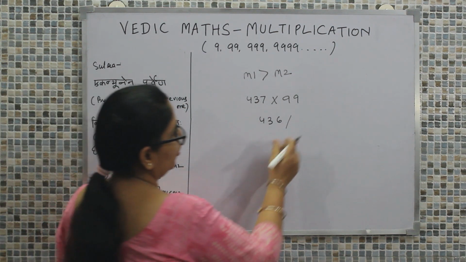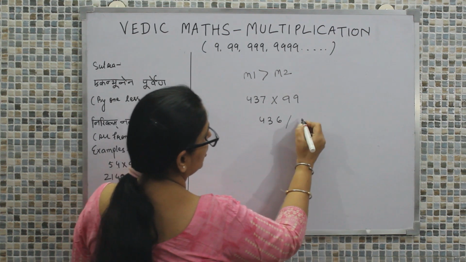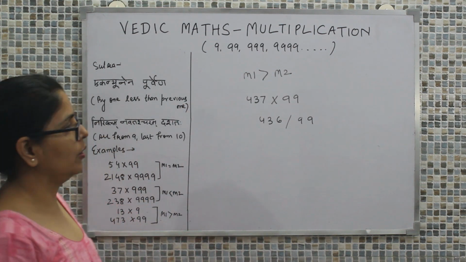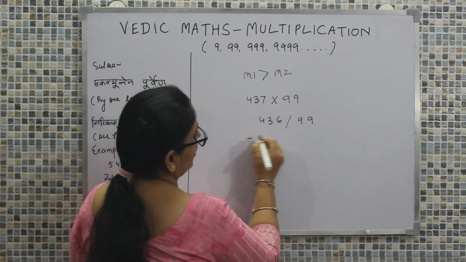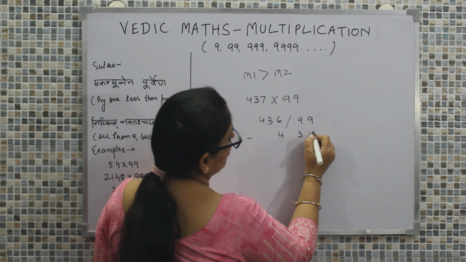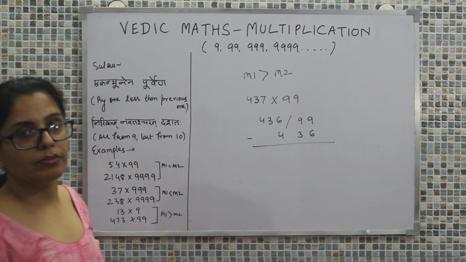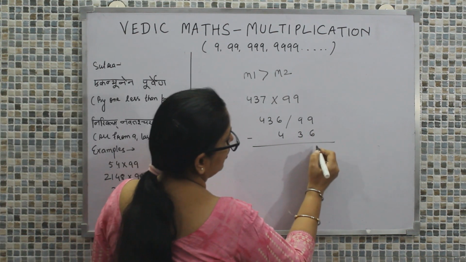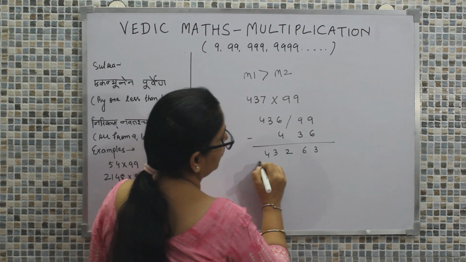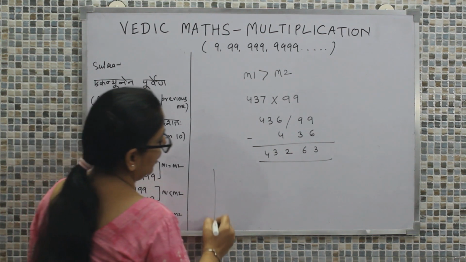Now because we need to calculate the RHS, for computing the RHS, write it as 99 and subtract 436 from it. So we have 3, 6, 2, 3, 4. This is the answer.